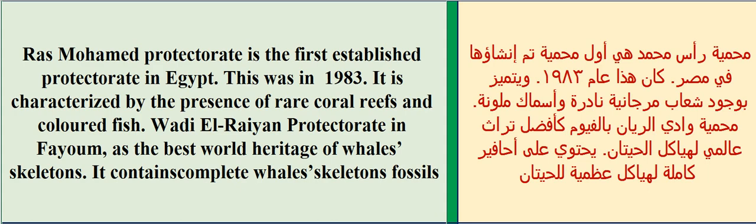This was in 1983. It is characterized by the presence of rare coral reefs and colored fish. Wadi El Rayyan Protectorate in Fayoum is the best world heritage of whale skeletons. It contains complete whale skeleton fossils.